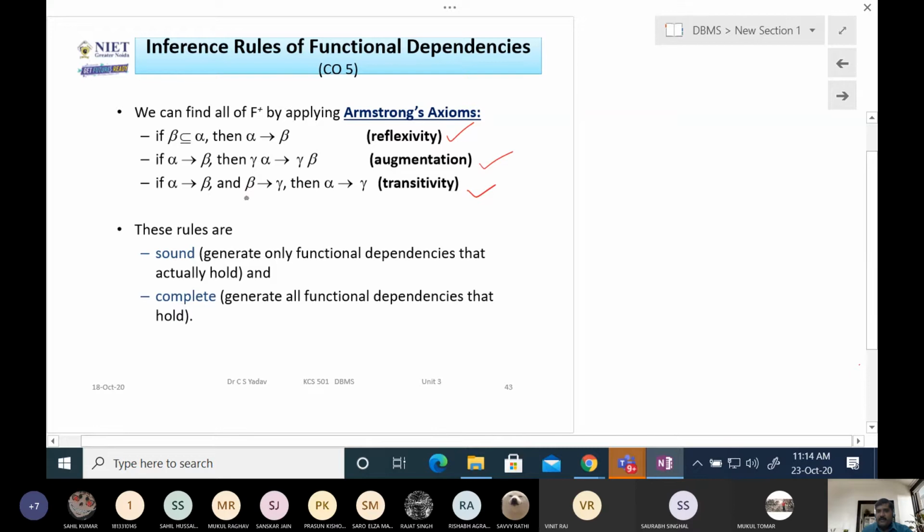But if you know the secondary rules, then you can find the candidate key, or you can find the canonical cover, or if you want to compare two FD sets, whether both sets are equivalent or not, then with the help of these rules, you can do it in a faster manner.